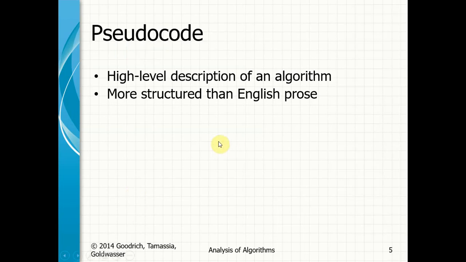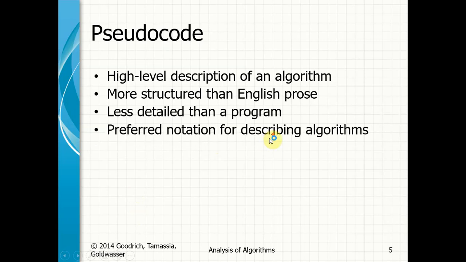It is less detailed than a program because it is language independent, and it prefers notation for describing algorithms. It hides program design issues because the key point is that it is language independent.